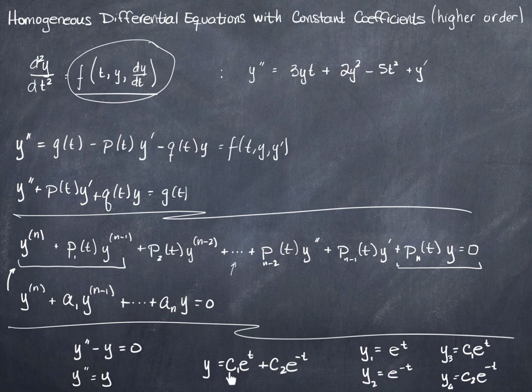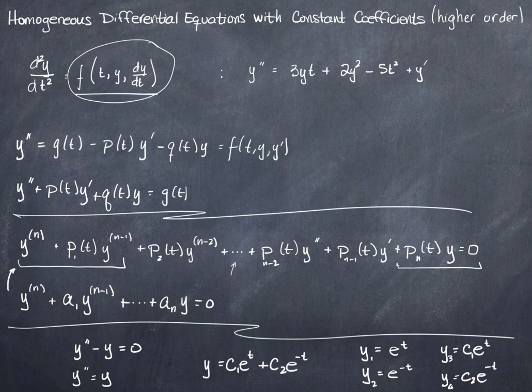If c2 is 0 and c1 is 1, you get this solution. If c1 is 0 and c2 is anything other than 1, you get this solution, and so on. Because c1 and c2 could be any real numbers, the possibility that c1 and c2 are either 1 or 0 in combination means that all 4 of these solutions are possible just from writing it out this way. So we call this our general solution.